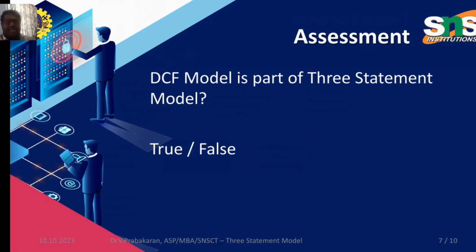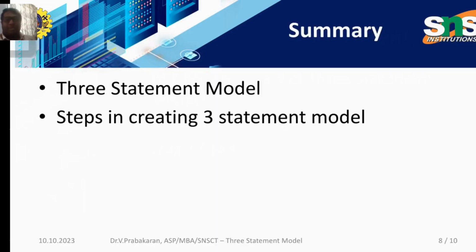We will discuss this in the regular classes. To summarize the discussion so far, first we have seen the basic concepts of the 3-statement model, which is a combination of income statement, balance sheet and cash flow statements. These 3 statements linked together are called a 3-statement model.